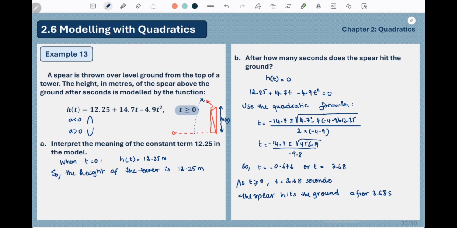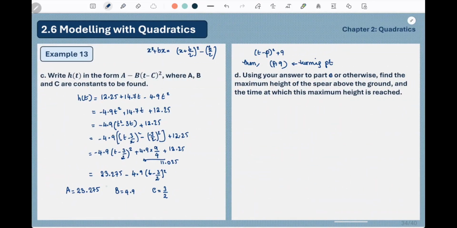If we were to see it in real life, it will go up and up, and at some point it's going to reach the maximum height, and then it's going to hit the ground. So that maximum height reached is from the completed square form.